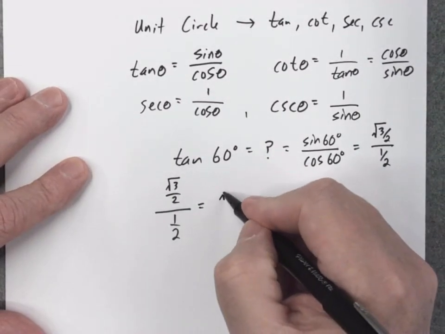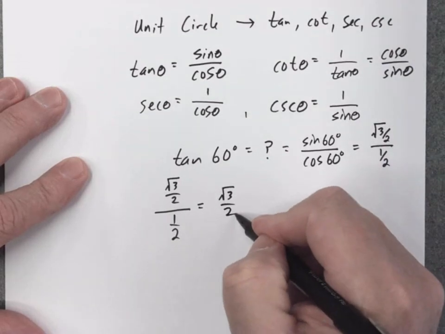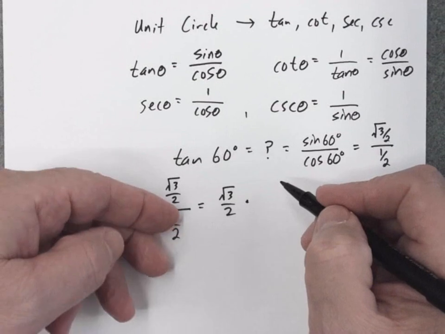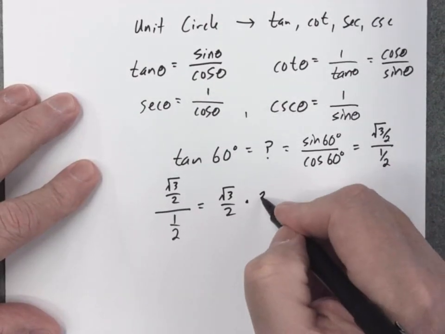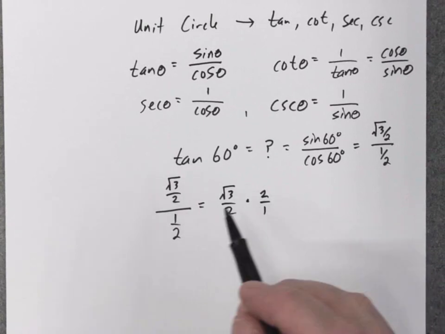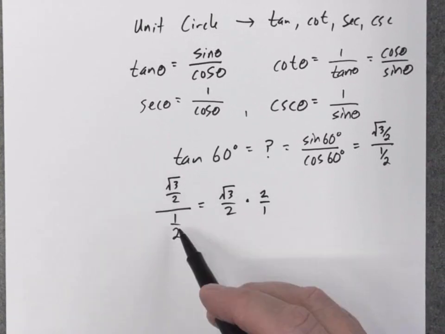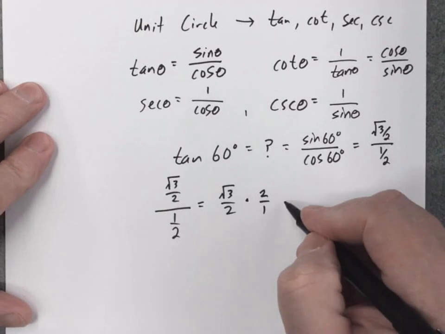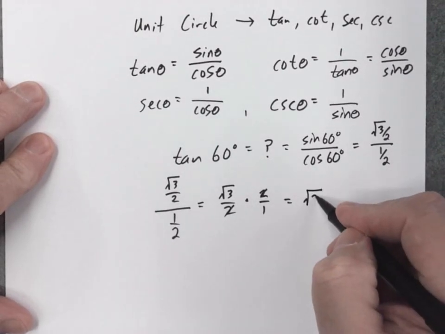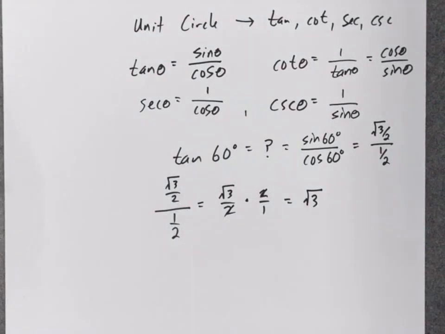You can take the top fraction and write it down, and then multiply by the reciprocal of the bottom fraction. That's always the shortcut way to simplify a complex fraction. This works as long as you have one fraction over one fraction. So in this case, the 2's would cancel out, and you're left with square root of 3.